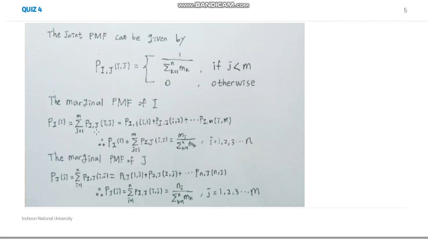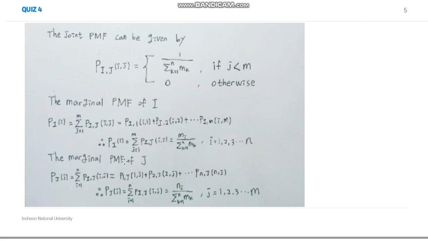It means we sum P_{I,J}(i, j) and substitute j from 1 to m_i. We can organize this result like here: m_i over the sum over k from 1 to n of m_k, and this is the marginal PMF of I, where small i is 1 to n.